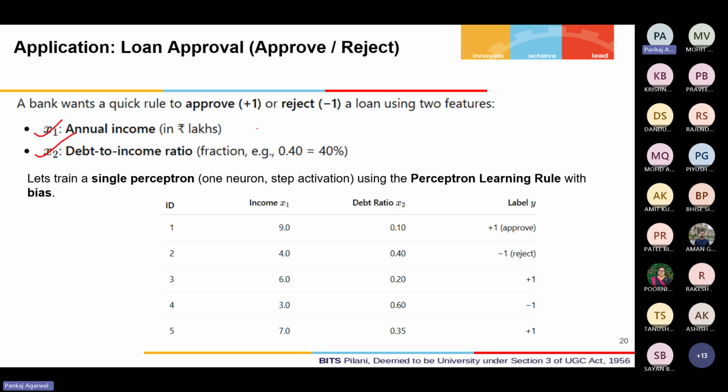So here we have again a simple problem of plus and minus one. This is a kind of classification approach. Although right now I'm not solving the classification approach, that can also be done. Here we have two variables.